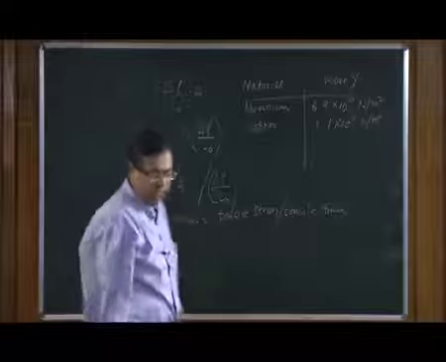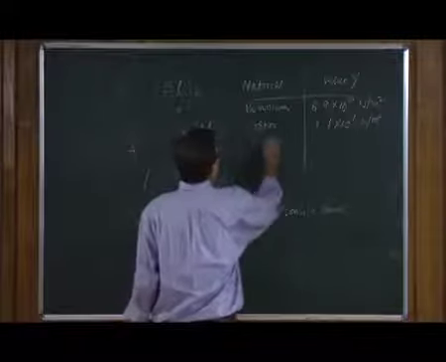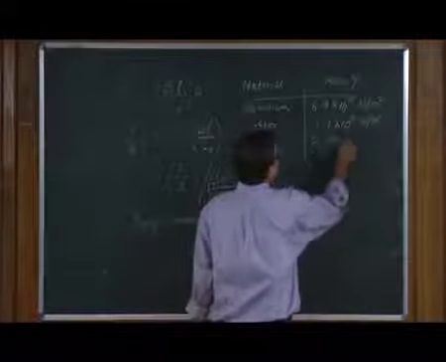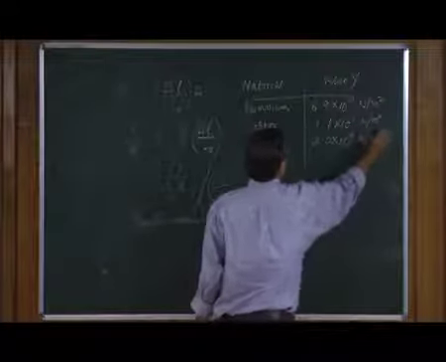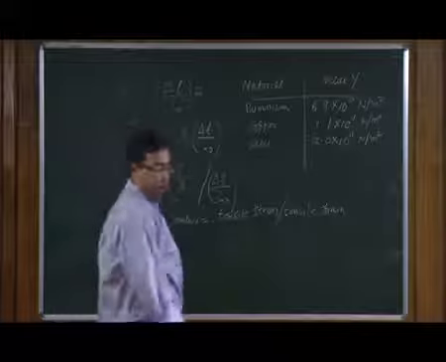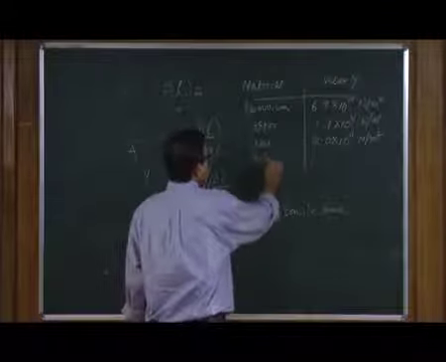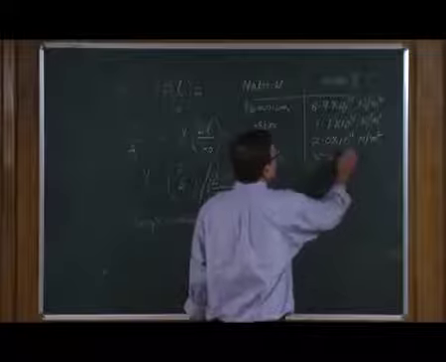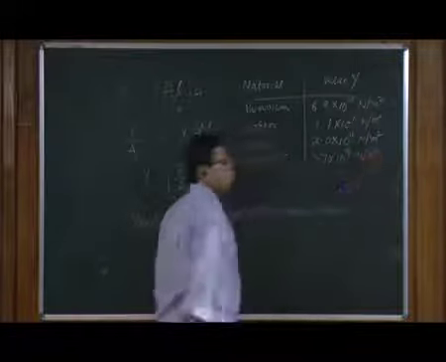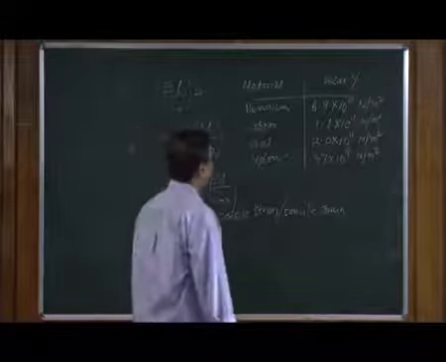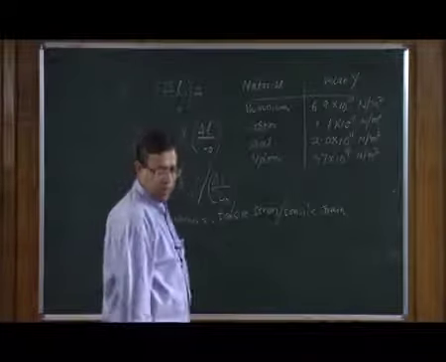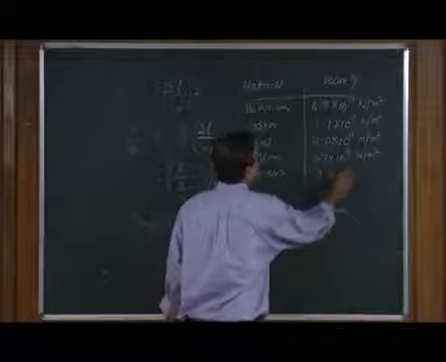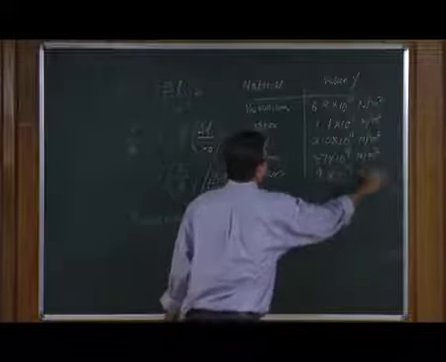Similarly, for steel, which is known to be quite strong, this is 2 into 10 to the power 11 Newton per meter square, whereas nylon, which is known to be elastic, is 3.7 into 10 to the power 9, which is less than any of these other metallic items quoted here, and brass has something intermediate, which is 9 into 10 to the power 9 Newton per meter square.